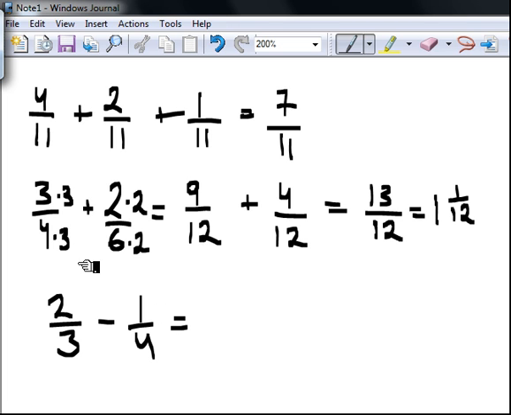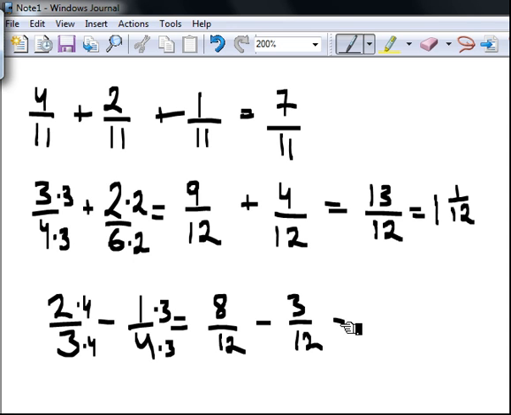Same thing here, we have to change so they have the same number down here, and we can see that we can change it into 12ths. So we're just going to multiply this by 4 down here and up here, and we're going to multiply this by 3 down there and up here. Now we have 8 over 12 minus 3 over 12. This is going to be the same thing as 5 over 12.